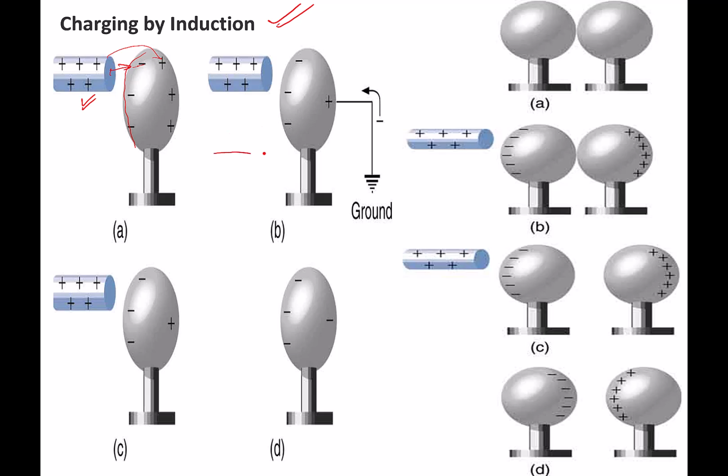In the next step, we connect this side to the ground, so that the electrons from the ground go and neutralize this. Once we remove this, that's the third step, we remove this rod from here, and a net negative charge is induced on the metal ball. So this is one of the ways.